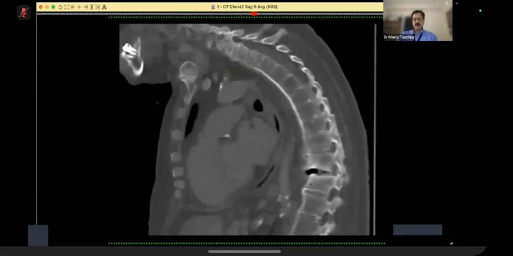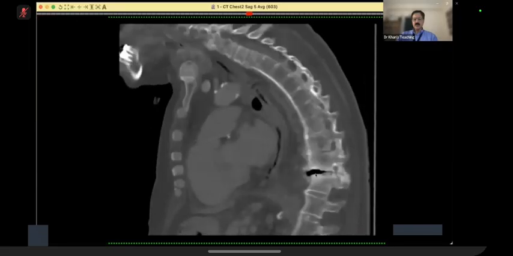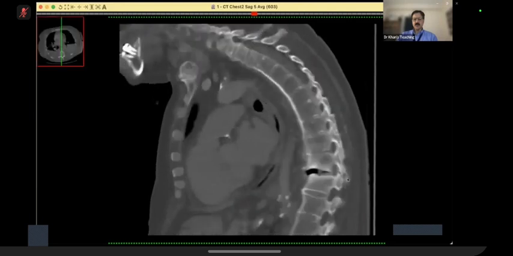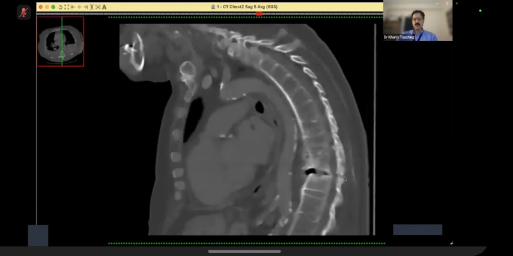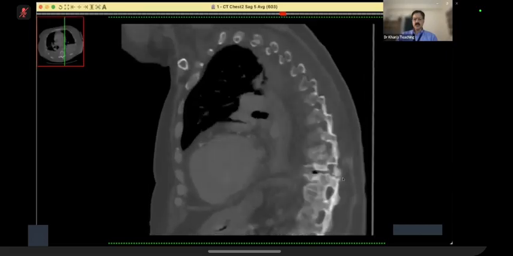Now you see this. The candidate did well, where he mentioned the vacuum phenomenon, which is what it is. But look at this fracture line. It is going posteriorly through the posterior elements. Look here. It is going through, look here on the other side.